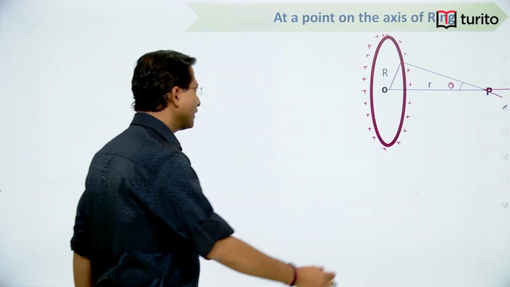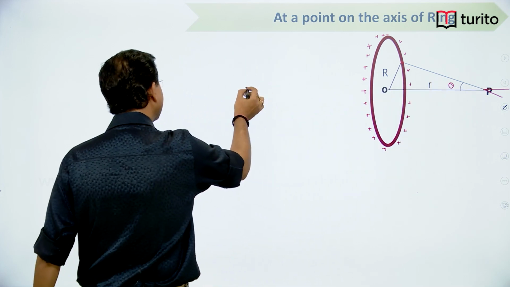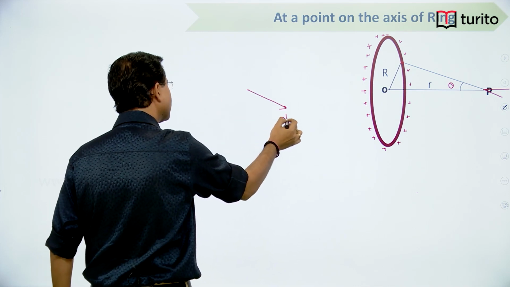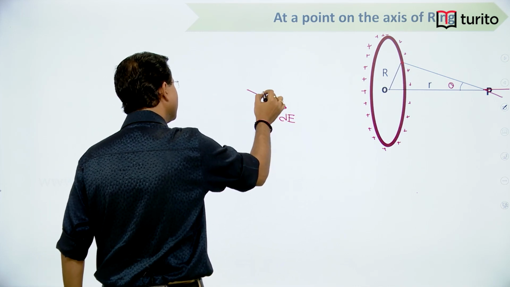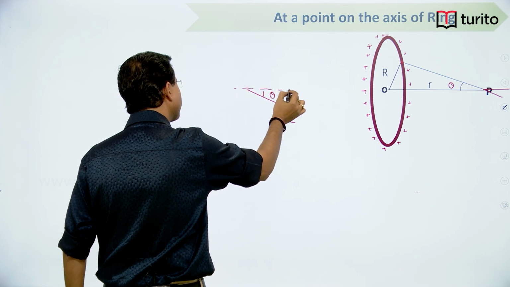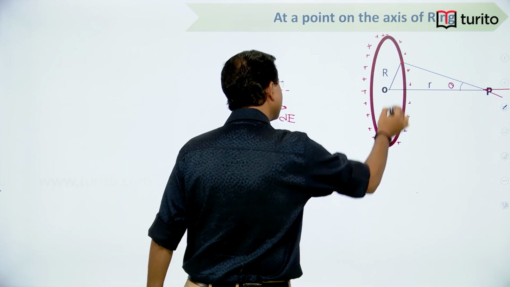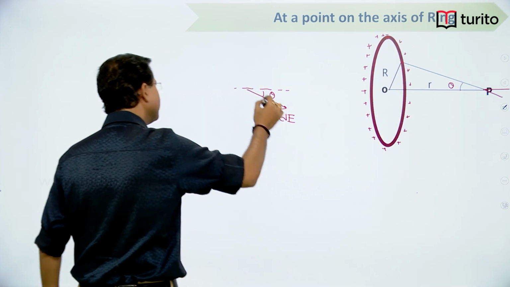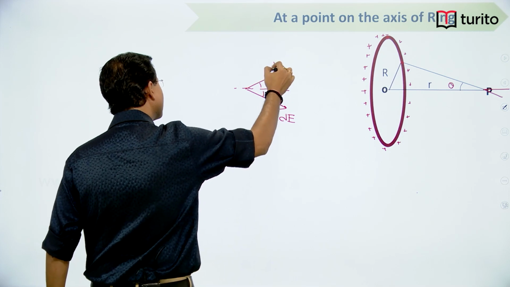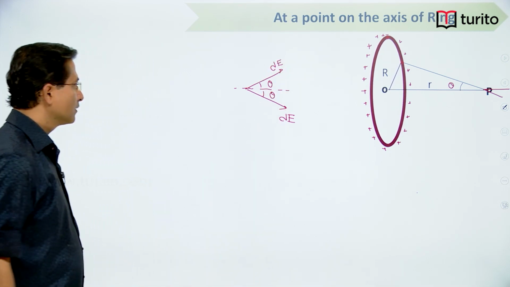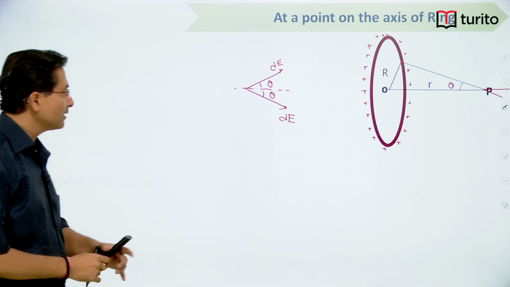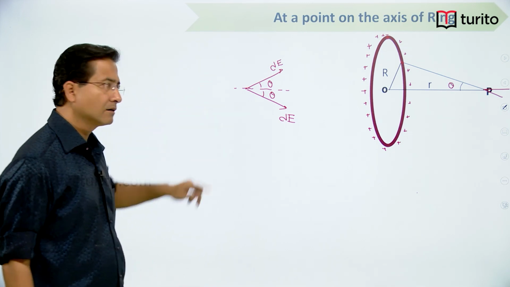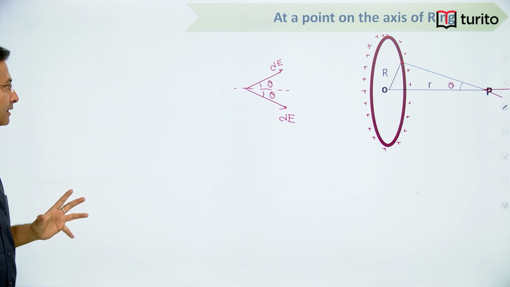Now, if I draw this point somewhere here, then because of this element the field will be in this direction, making angle theta. Similarly, if I take the element somewhere here, because of this element the field will be in this direction. As you can see, their x components will get added up, but their y components will get subtracted and the resultant in the y direction will be 0.